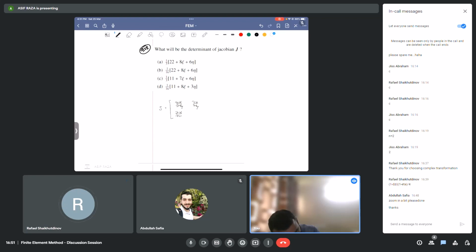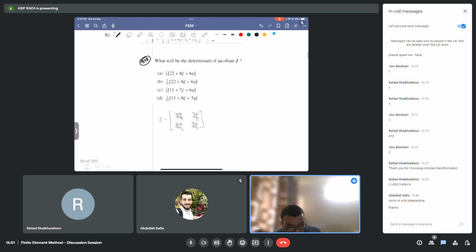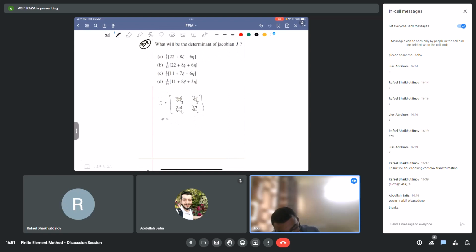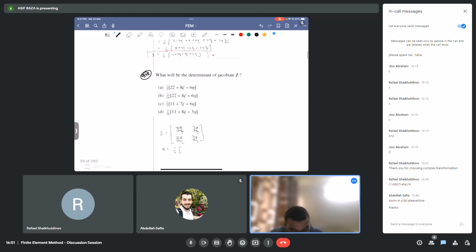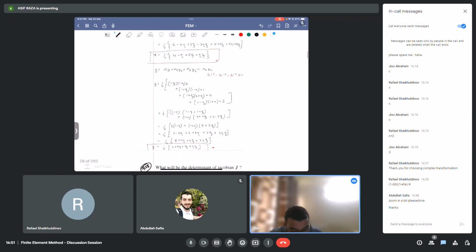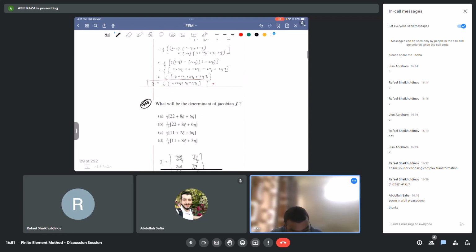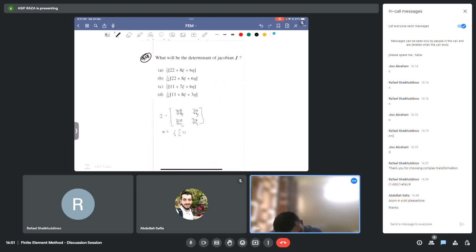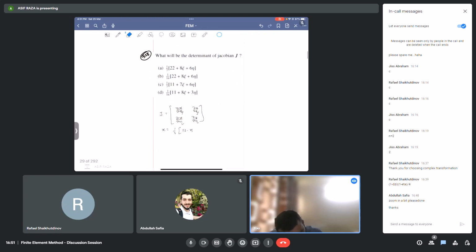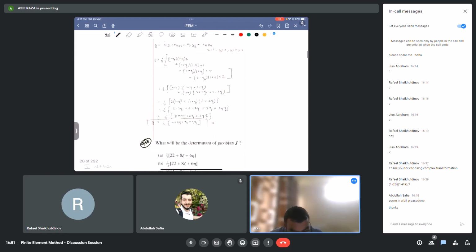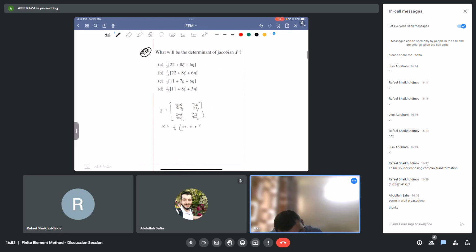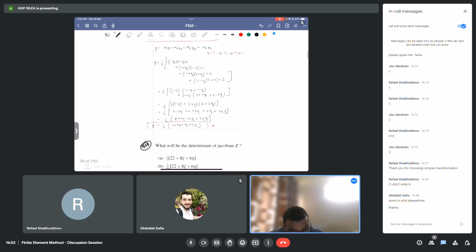And we came up with the answer x is equal to 1 upon 4, 11 minus eta plus 5 xi plus xi eta, right?